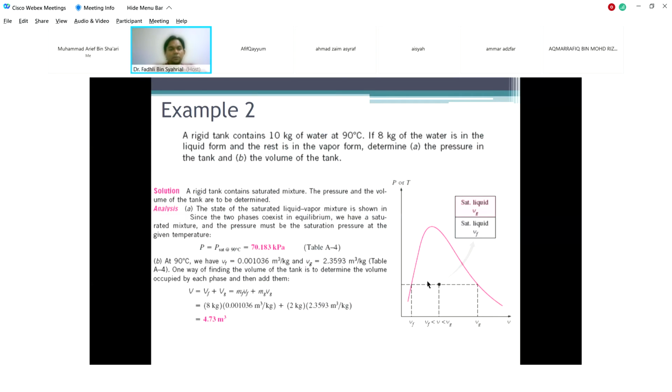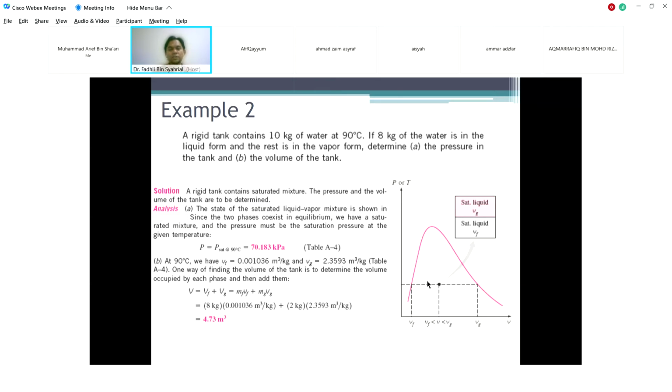Now let's look at the second example, for the case of a saturated liquid vapor mixture. A rigid tank contains 10 kg of water at 90 degrees C. If 8 kg of the water is in the liquid form and the rest is in the vapor form, determine the pressure in the tank and the volume of the tank.